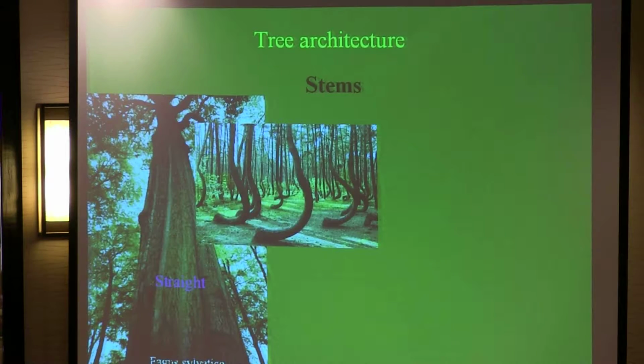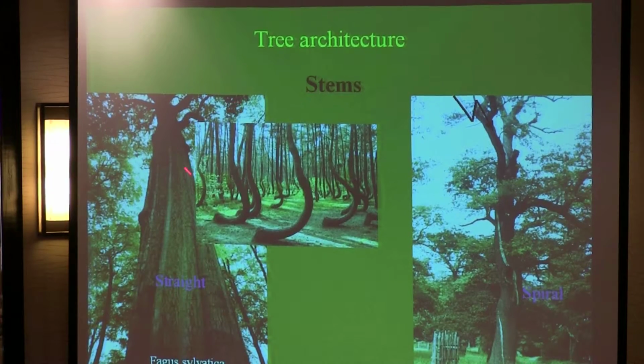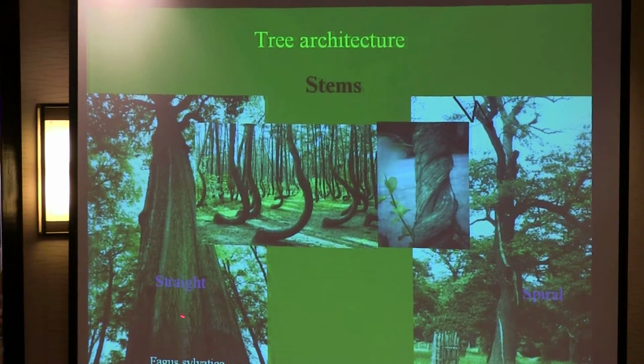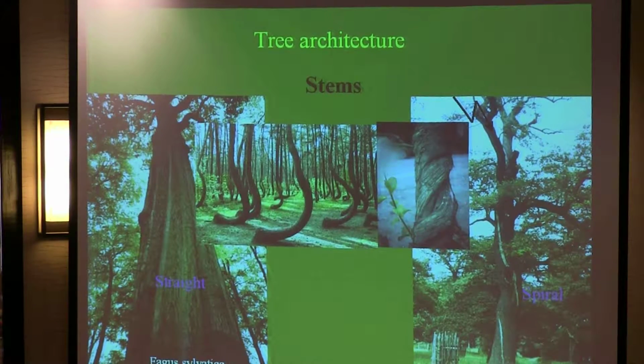Now a little comment on the stem. We know that we have stems of different form for different reasons. Here, for example, is the impact of snow, and this is straight, and this is caused by lightning. You see the tracks of lightning which hit the top of the tree and went down along the vessels.